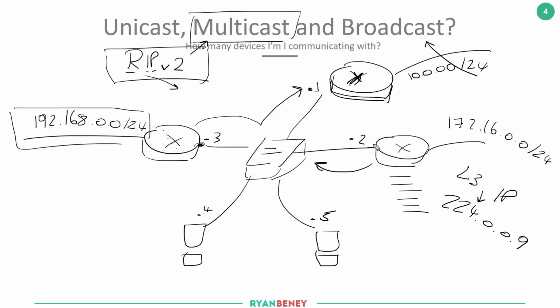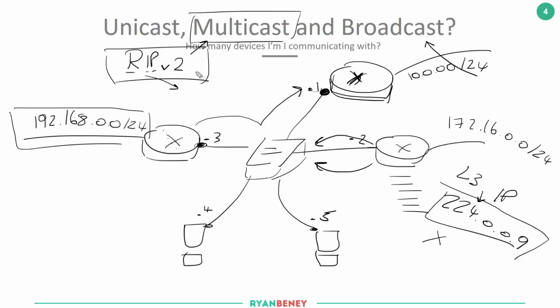And when it comes out onto the wire, these routers will be listening for packets destined to this IP. And when those packets come in, the information will be interpreted and learned. These PCs down here will not be listening for 224.0.0.9, therefore the traffic will not be sent to the actual PCs themselves.